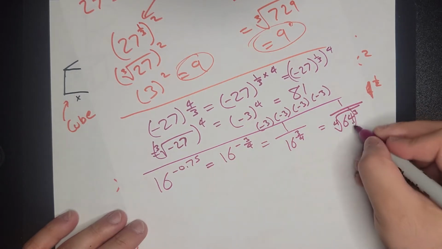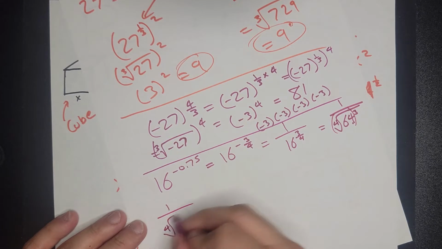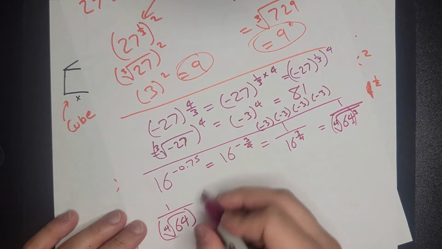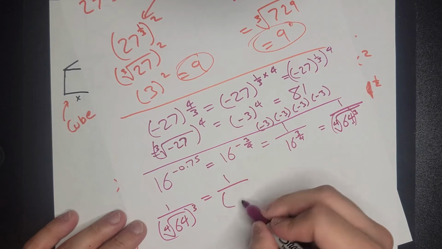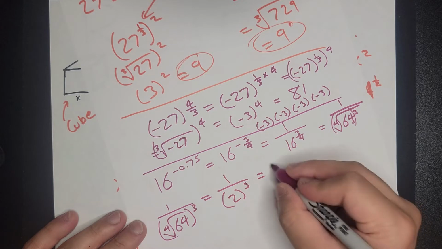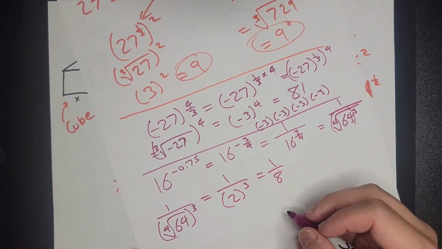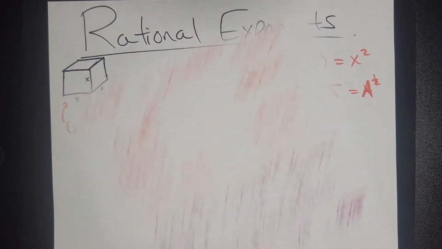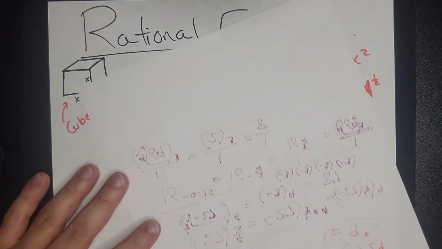Let me put that on the outside. So let me write it here. So that should give me 1 over 2 cubed, 1 over 8. Yep. I agree, this is very easy.